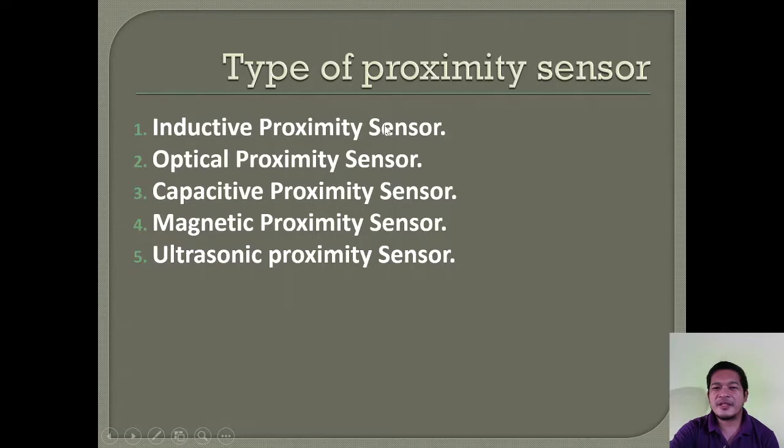So, the types of proximity sensor. We have here 5 types: the inductive proximity sensor, the optical proximity sensor, the capacitive proximity sensor, number 4, the magnetic proximity sensor, and the last one is the ultrasonic proximity sensor.